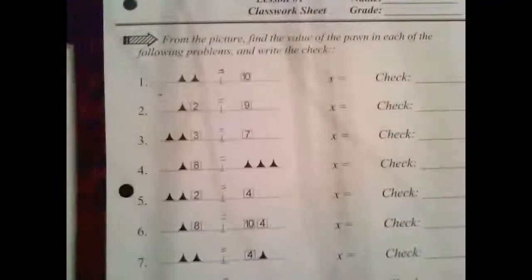They have to be the exact same number. So we know that 5 plus 5 is equal to 10. So on our notebook, for number 1, we're going to then write x equals 5.